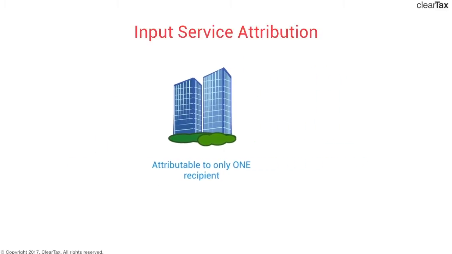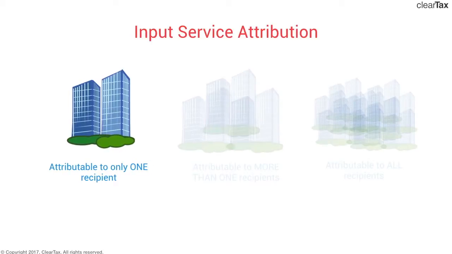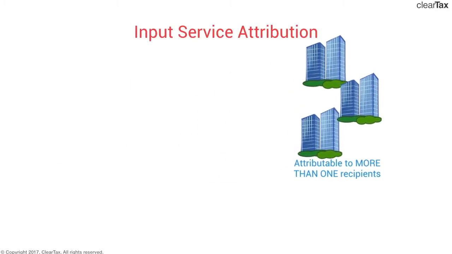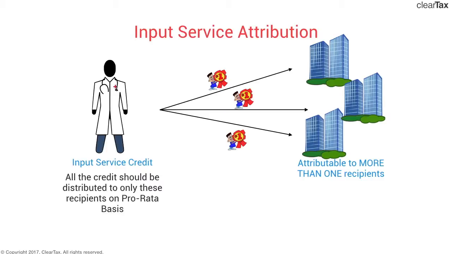The second situation, where it is attributable to more than one recipient, then what will you do? In such a situation, the input credit on such input service will have to be distributed to only these recipients to whom such service is attributable on pro rata basis.